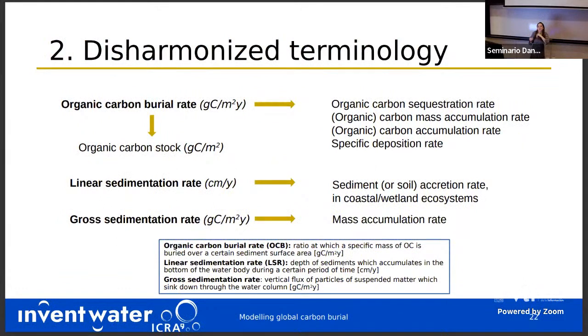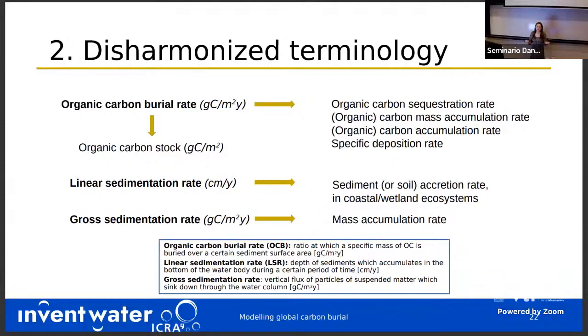The other big problem that you find when you address the literature is the disharmonized terminology. Just for our main parameter, which is the organic carbon movement rate, we can have it defined as organic carbon sequestration rate, organic carbon mass accumulation rate, carbon accumulation rate, a specific deposition rate, or you can even find it just as stock without considering the amount of time that has been there.